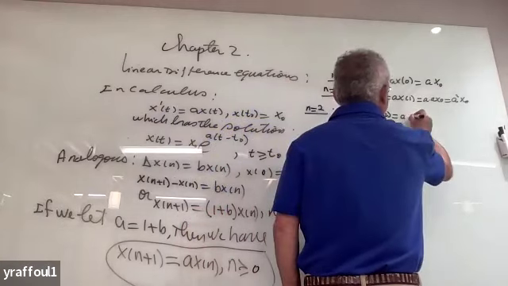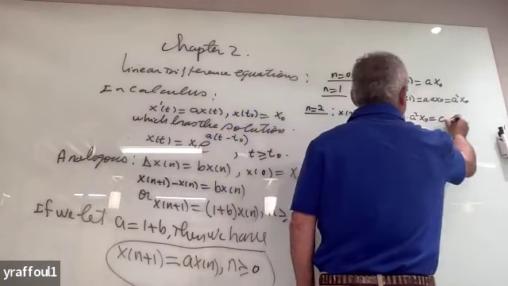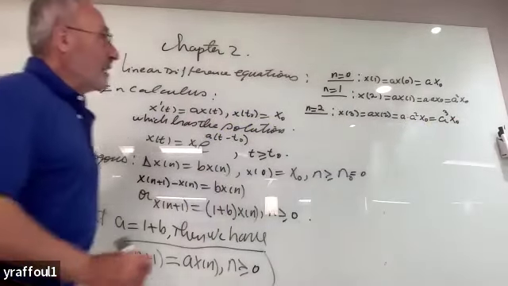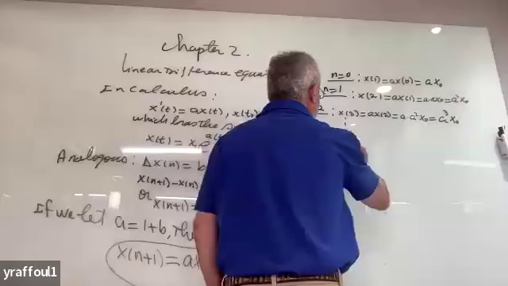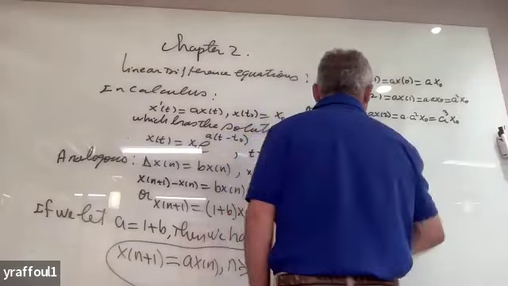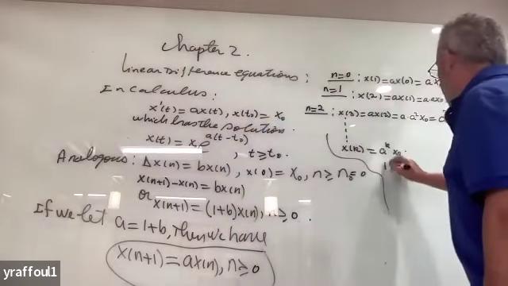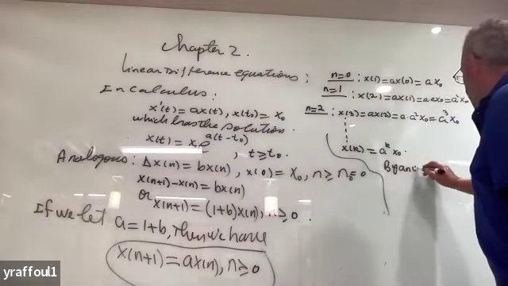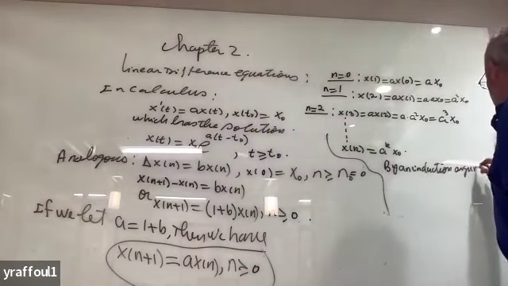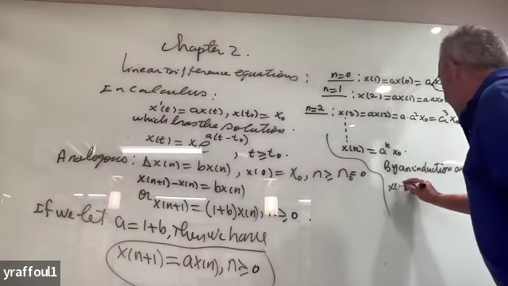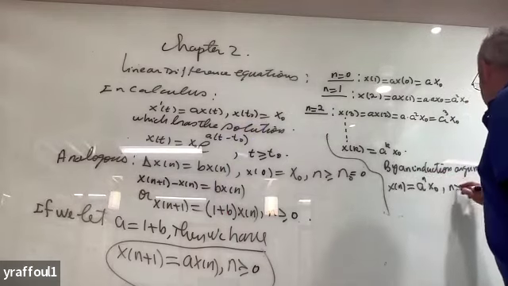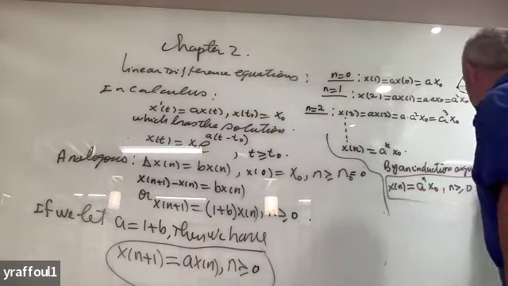That is a times a squared x0. That is a cubed x0. So if I keep going that way, I'll get xk equal to a^k x0. So by an induction argument, we get xn equal a to the power n x0 for n bigger or equal to 0. So that is the solution.